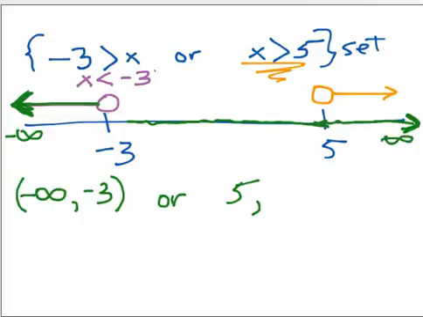So the lowest in this little set is 5, the highest is infinity. Now we know we can't reach infinity, so that's a parenthesis. Can we reach 5? Can we equal 5? We cannot. So this is interval notation for this set of numbers.